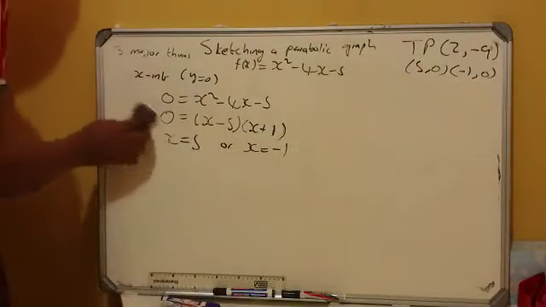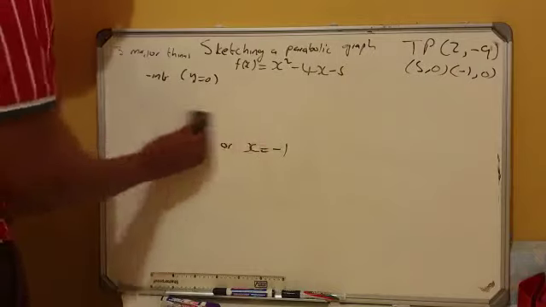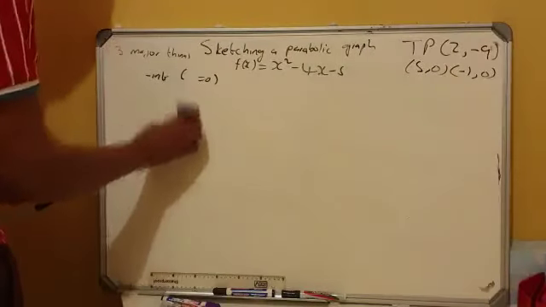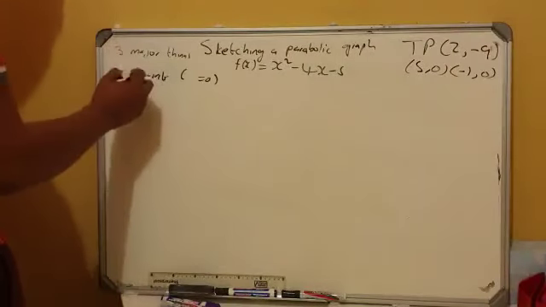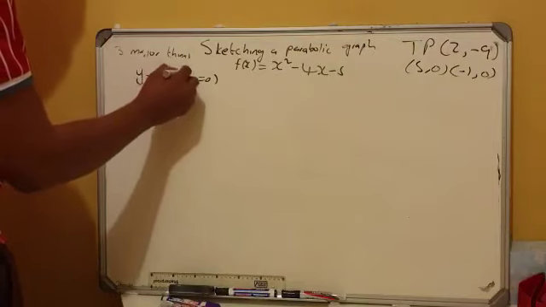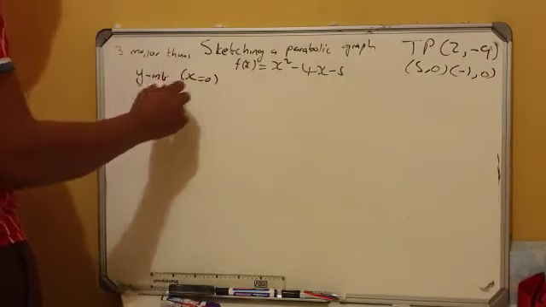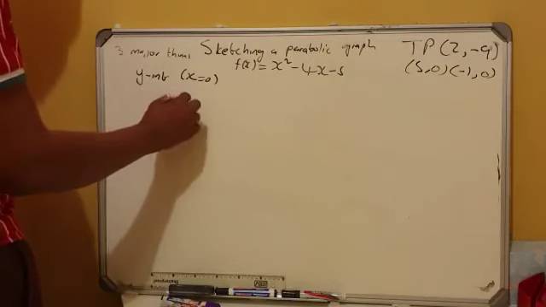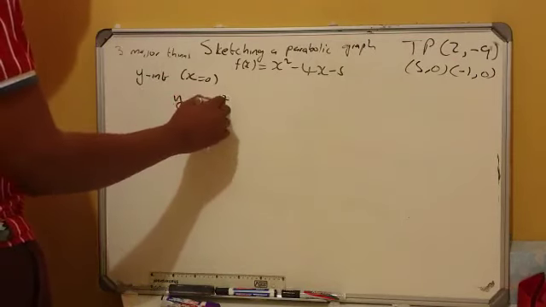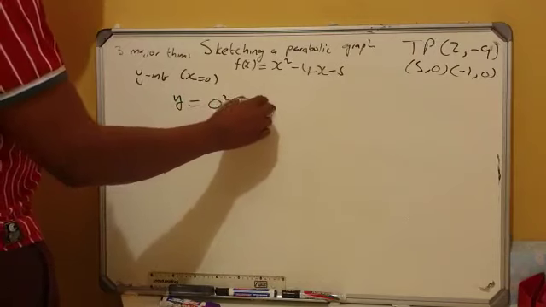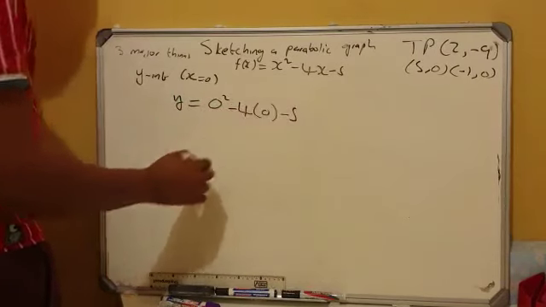So I'm done calculating my x coordinates. Now I'm looking for my y coordinates, the y-intercept, and I must make x to be 0. So y equals 0 squared minus 4 times 0 minus 5.